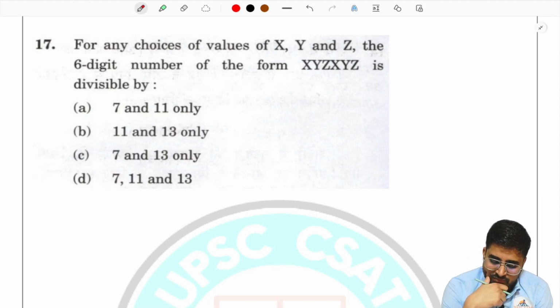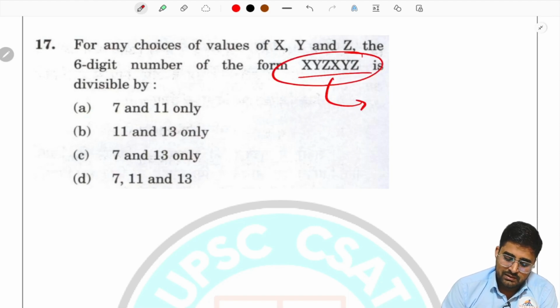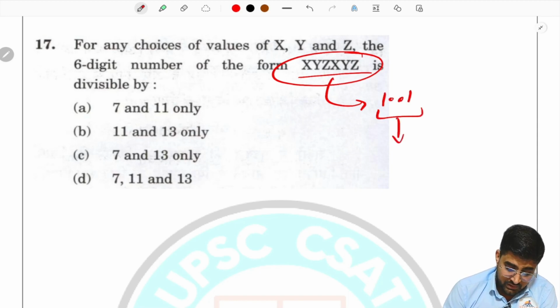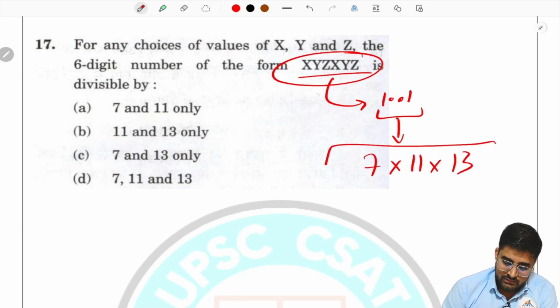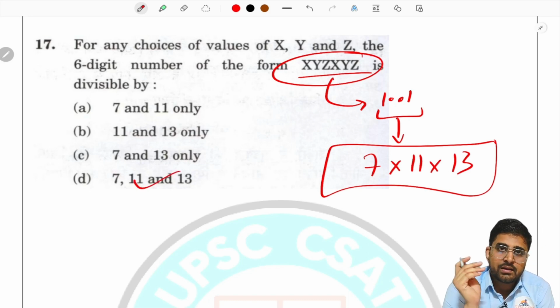By looking at this number, you can say this number is going to divide by 1001. The answer is this, but you are here for conceptual knowledge, not for a trick.